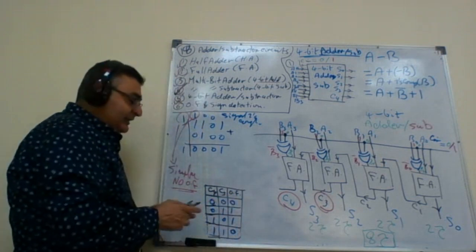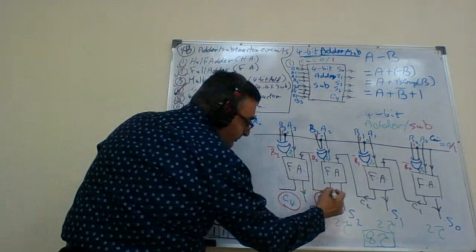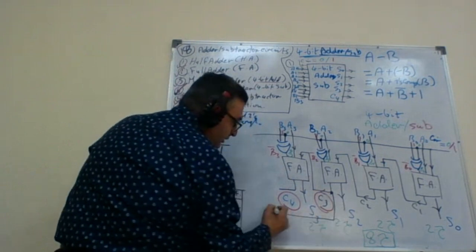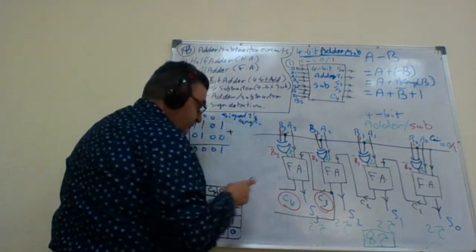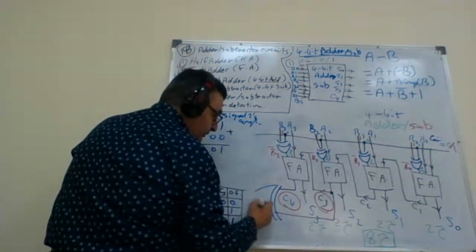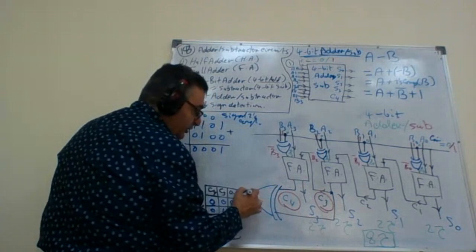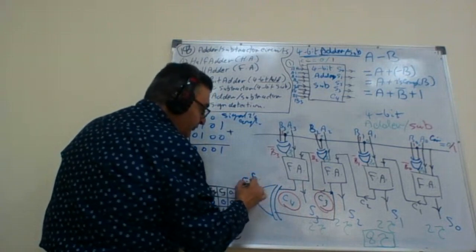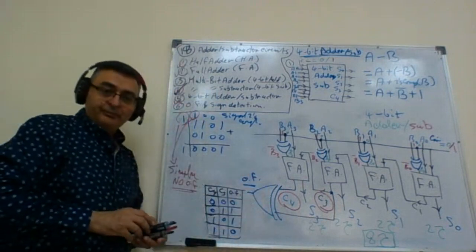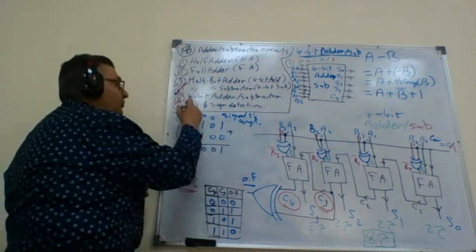An XOR will give me exactly what I'm looking for. So if I simply take an XOR gate between C3 and C4, I will get the overflow bit here. Great. So we get the overflow bit.